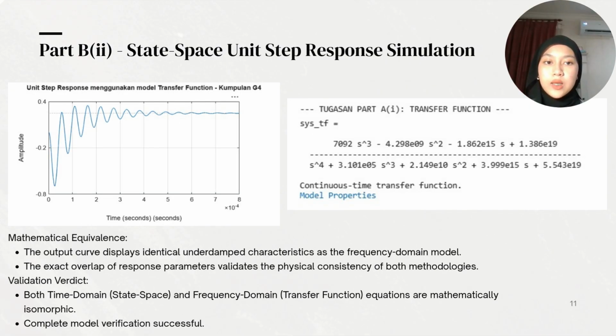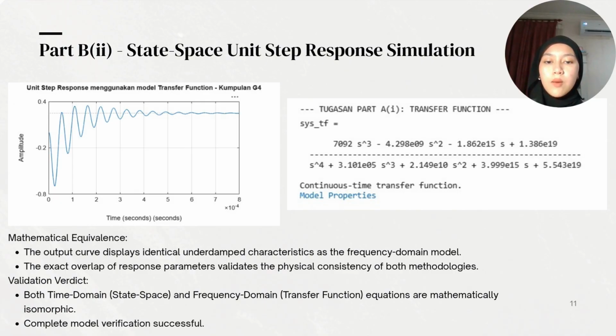Continuing with part B2 on this slide, we focus on the validation and mathematical equivalence of our work. On the right, you can see the continuous time transfer function model SYS_TF generated for part A1, where we compare its response to our state space model. The output curve displays identical characteristics as the frequency domain model.